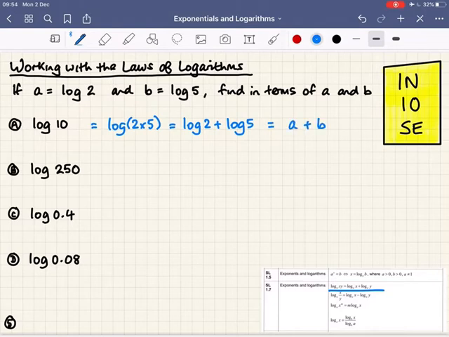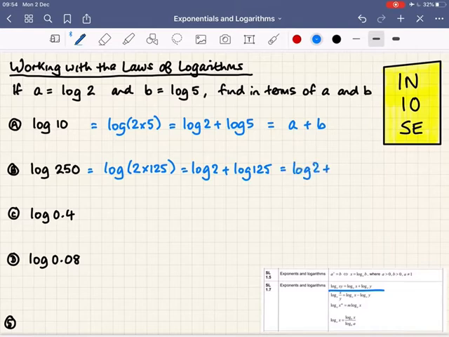Nice and straightforward. 250 a little bit more difficult, but I know that 250, certainly I can get 2 out of there. It's 2 times 125. So to start with, that's log 2 plus log 125. But hopefully we also know that 125 is 5 cubed. So I've got log of 2 plus log of 5 cubed.